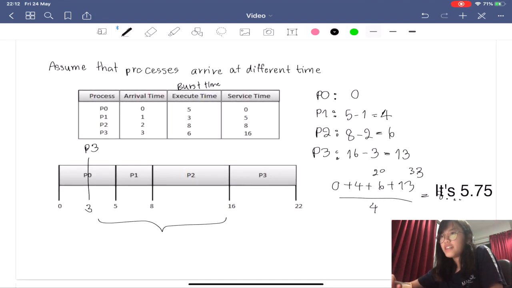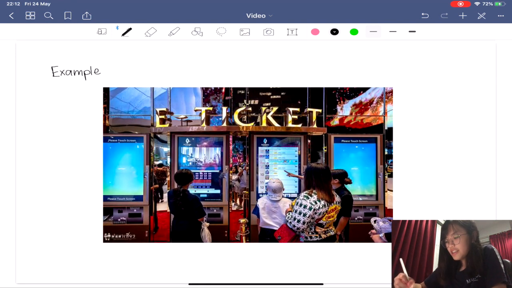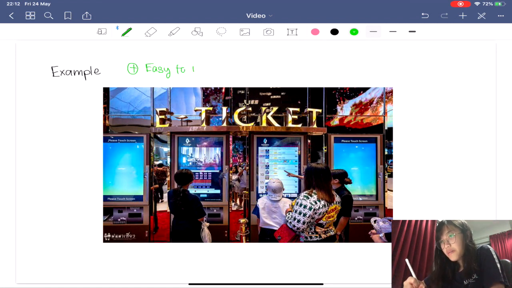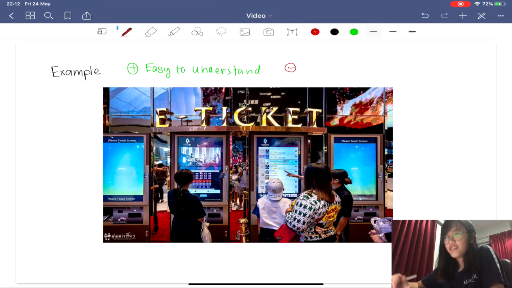So let's see the advantage and disadvantage of this algorithm. The advantage of this algorithm is that it's easy to understand and easy to implement. But the disadvantage is starvation.